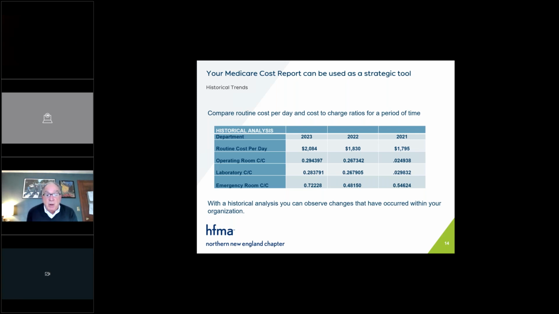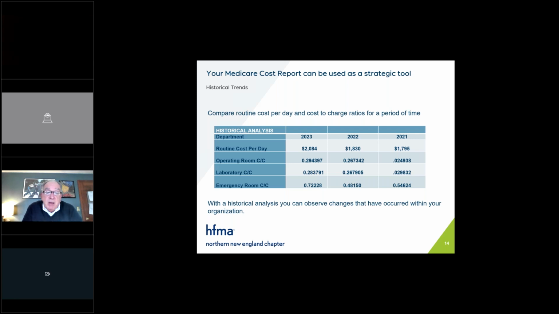And then you want to make sure that your cost to charge ratios are pretty stable, and if they're not, that may be an indicator to look to see why. And as we can see in the emergency room, the cost to charge ratio for an emergency room is fluctuating on a yearly basis. So you might want to look at emergency room and identify why the cost to charge ratio is fluctuating.